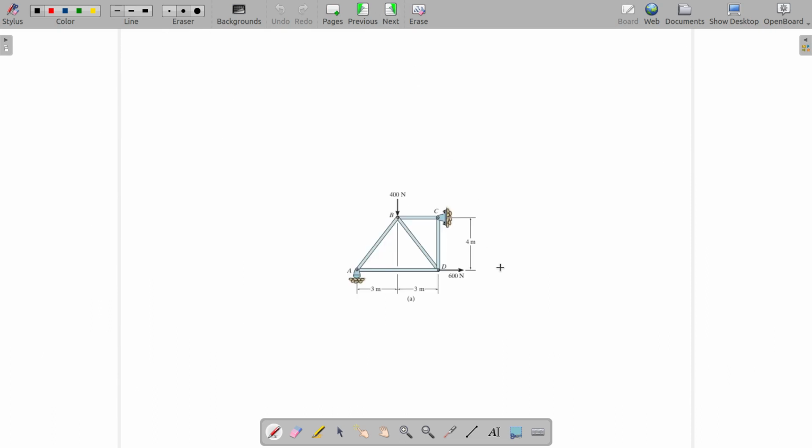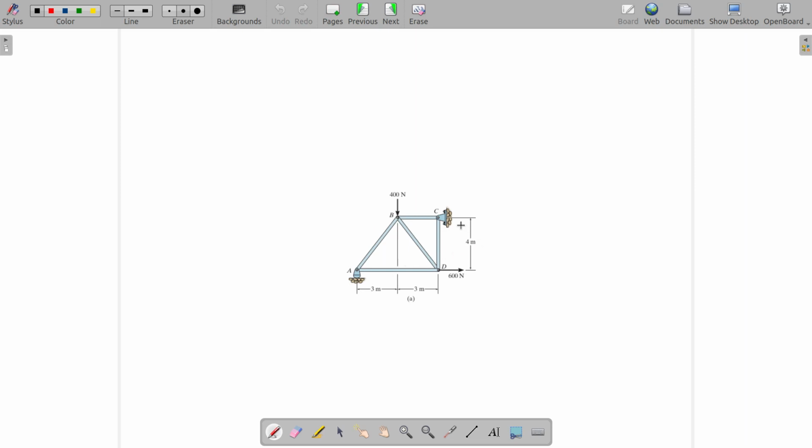And I'll just talk about one more problem, and I'll not spend as much time as I have spent on the previous problem. So you have another truss here.